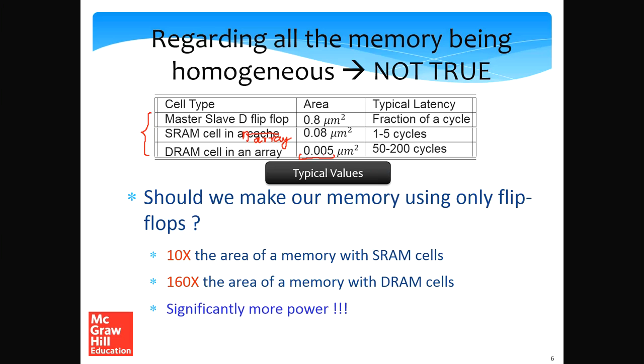The typical latency, however, for accessing a DRAM array is very high. It's around 50 to 200 cycles. As we can see, DRAM is the slowest and the D flip-flop is the fastest.